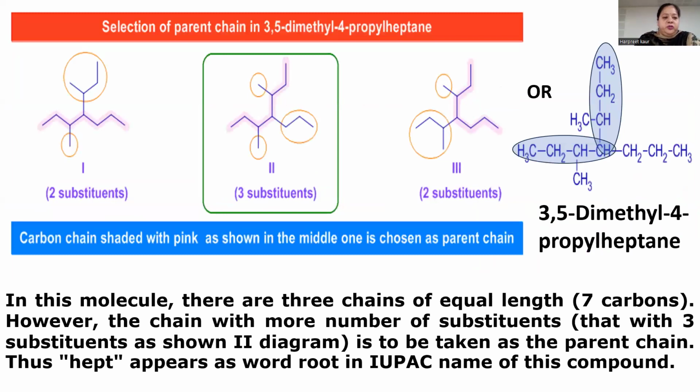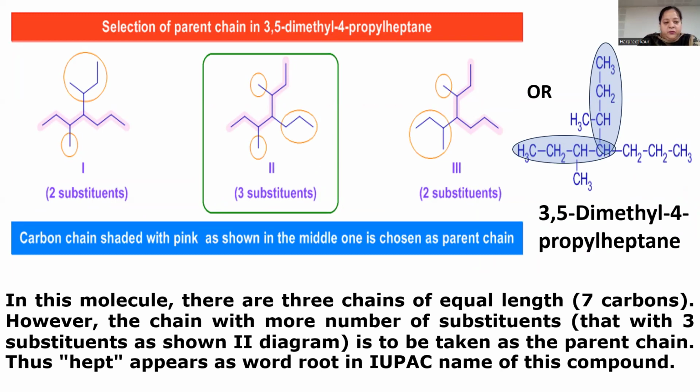Then in this structure, there are 3 chains of equal length. All the chains have been shaded in pink. And these chains are of 7 carbon atoms each. But the chain with more number of substituents is preferred over the other. In the first case, there are 2 substituents only, which are circled.